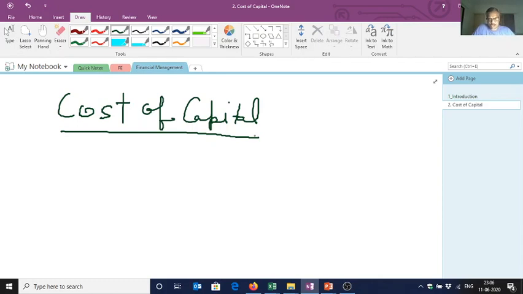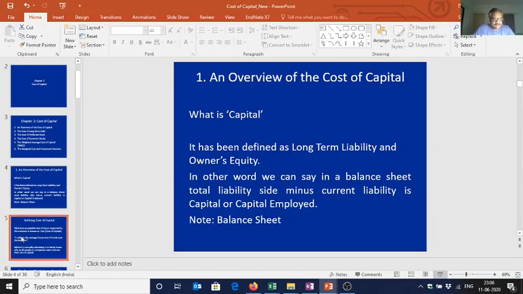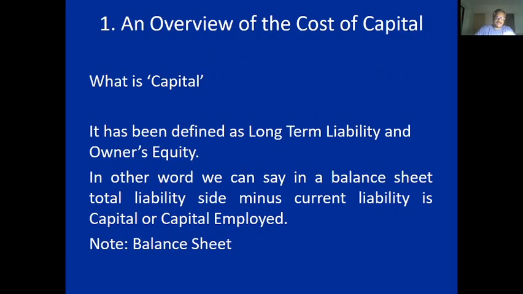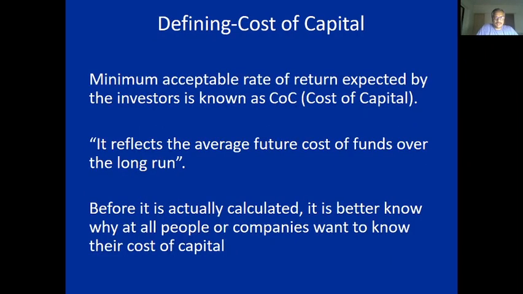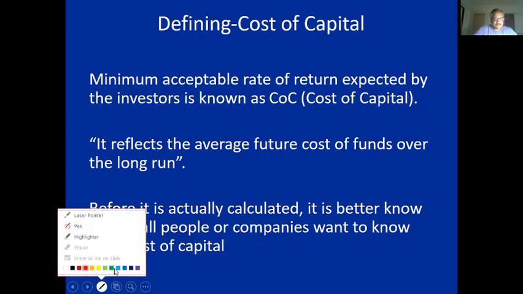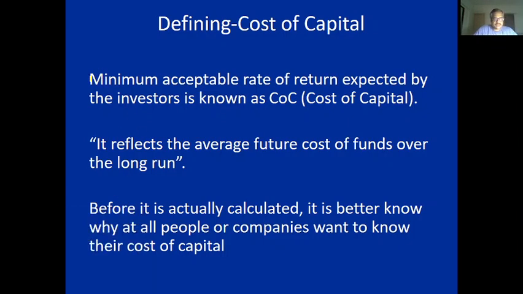I repeat the definition: the minimum acceptable rate of return which is expected by the investors or fund providers can be termed as cost of capital. Look at this definition. This is one of the best approaches to understand what cost of capital is.